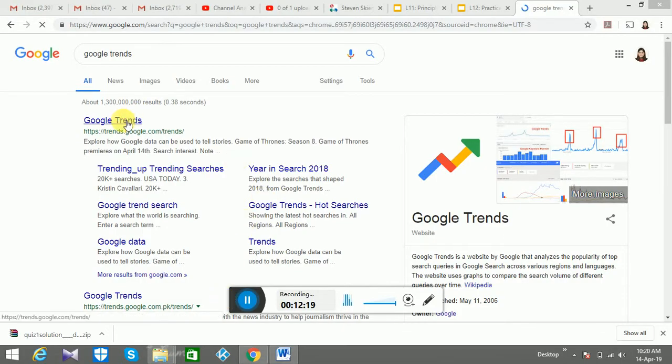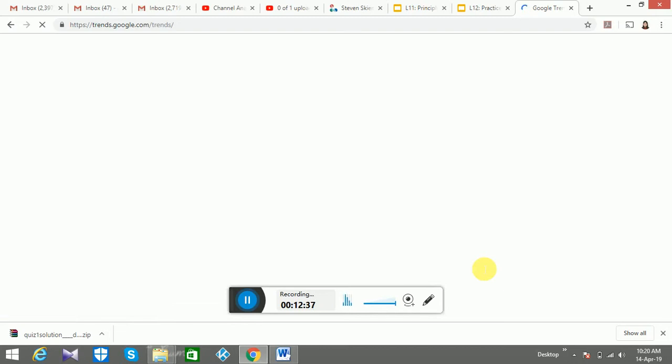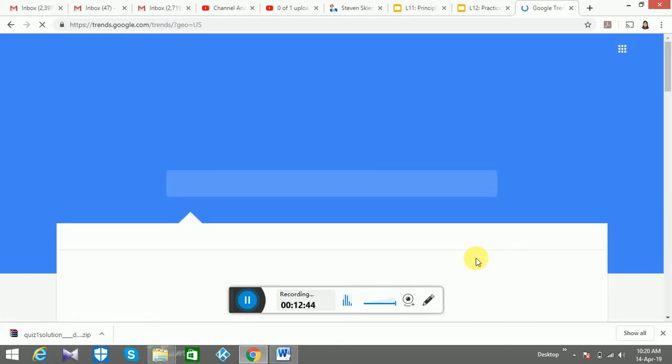So if you go to Google Trends, and this is an excellent website that a lot of people are not aware of, Google Trends can help you see the top search queries in Google search across various regions and languages. And it is useful in showing how people got interested in something.